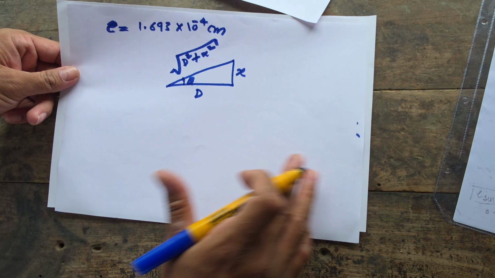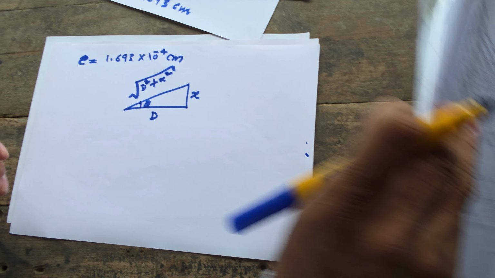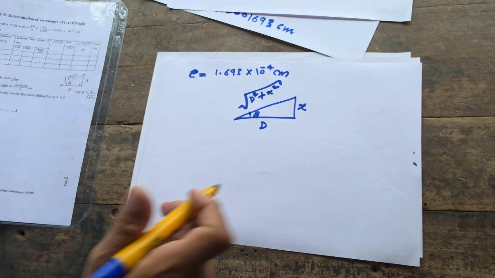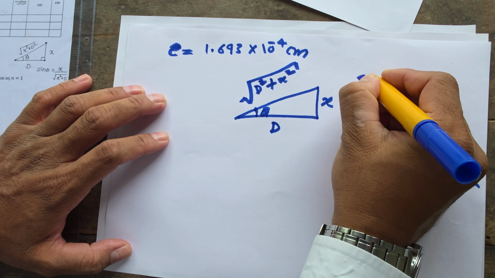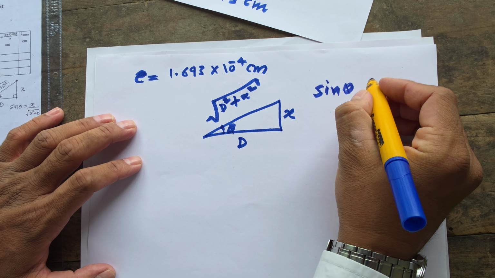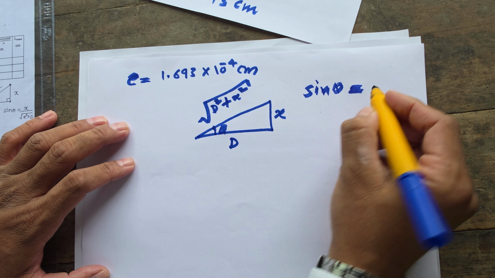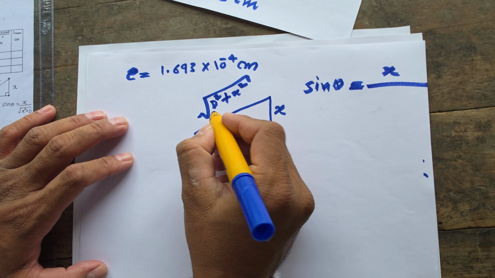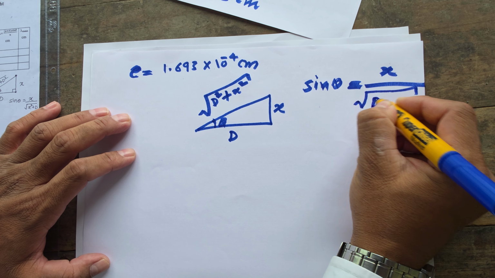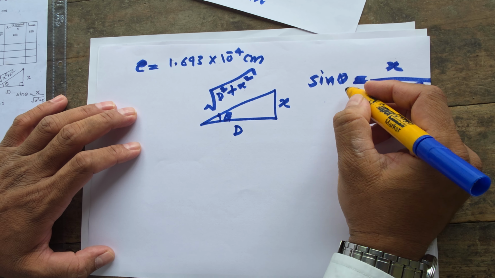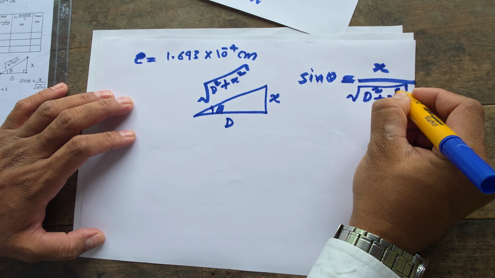Now if you want to find out sine theta, then what will be sine of theta? Sine of theta will be opposite, that is x, divided by hypotenuse, that is square root of d square plus x square. So this is nothing but sine of theta.